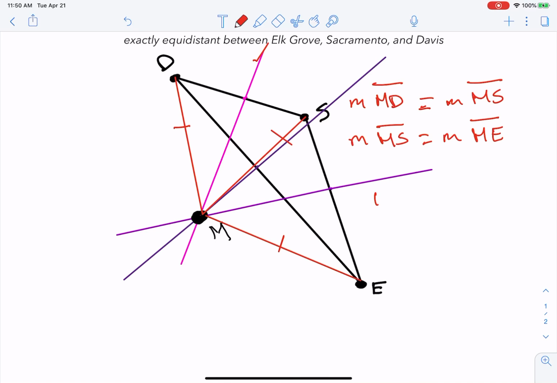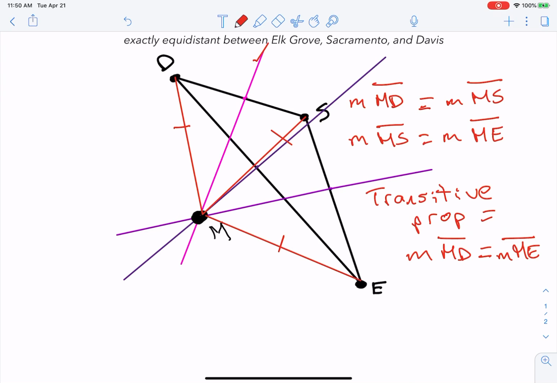And what's cool is using the transitive property, we can see that the measure of the distance from the midpoint to Davis equals the measure of the distance from the midpoint to Elk Grove. So in this case, it does not take a fancy degree in civil engineering to figure this out. We can figure this out taking our middle school math class.